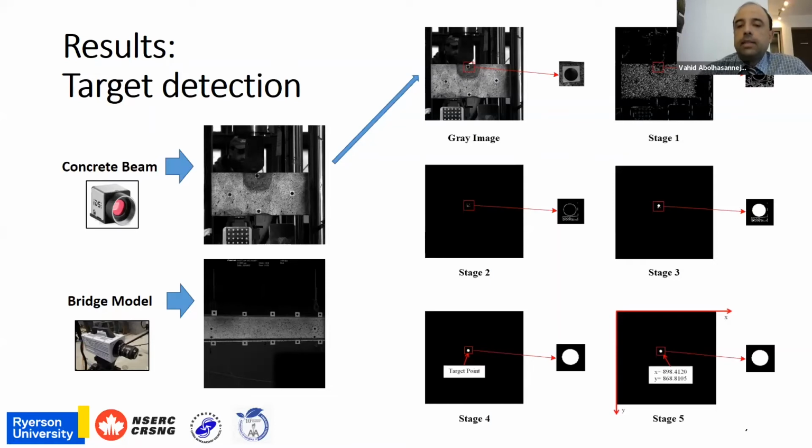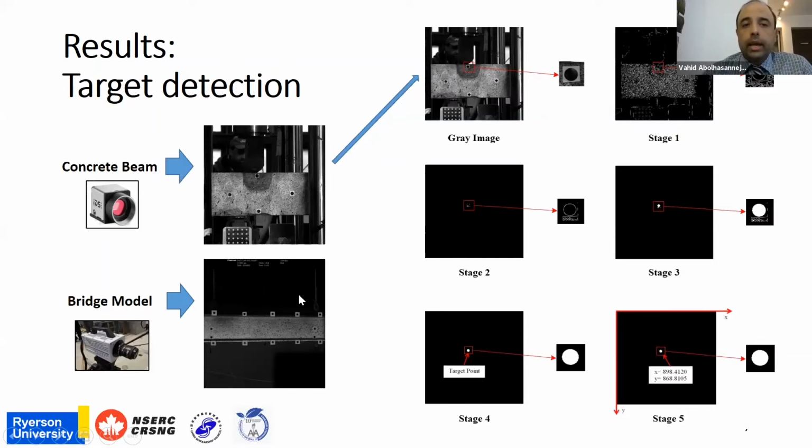And in the final stage, we are able to estimate the exact 2D pixel position of the circular target using the region property function. As you see here, the X and Y pixel position of the target is estimated relative to the image coordinate system.